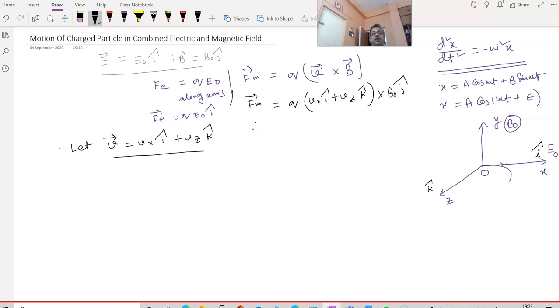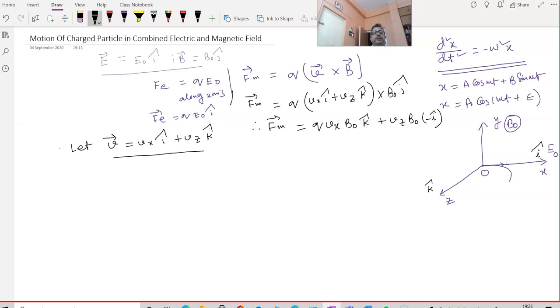Okay, so Fm is going to be q vx B0 i cross j, which will be k, plus vz B0 k cross j. k cross j is going to be minus i.